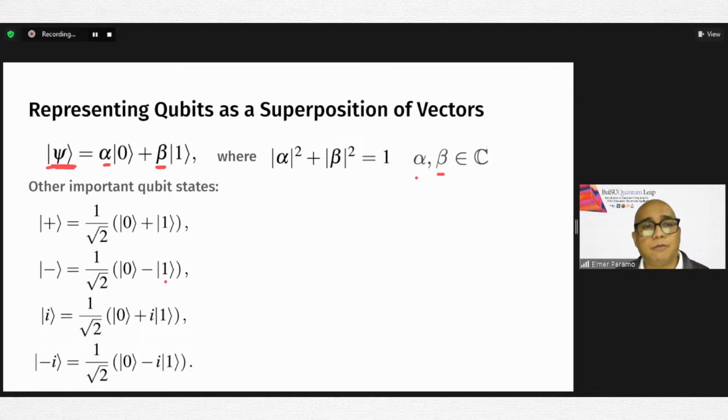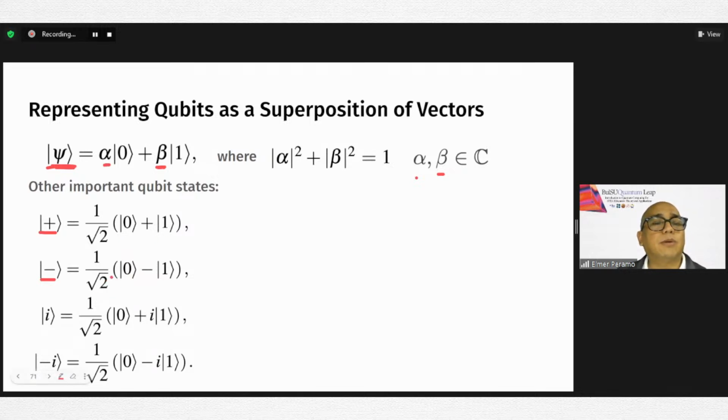Aside from that, I'm going to introduce other important states. The state plus, it's also a vector, state minus, and then ket plus, ket minus, ket i, and ket negative i. And these are their representations. 1 over square root of 2, meaning equal superposition of being 1 and 0.